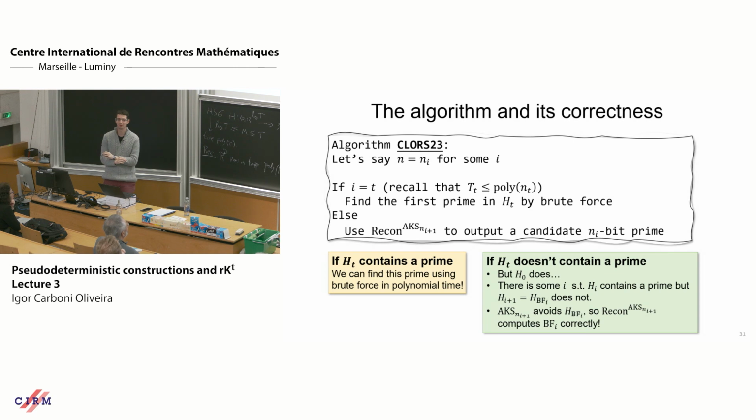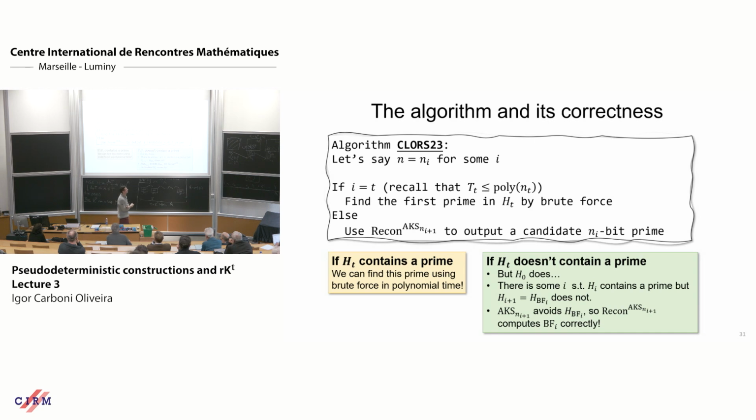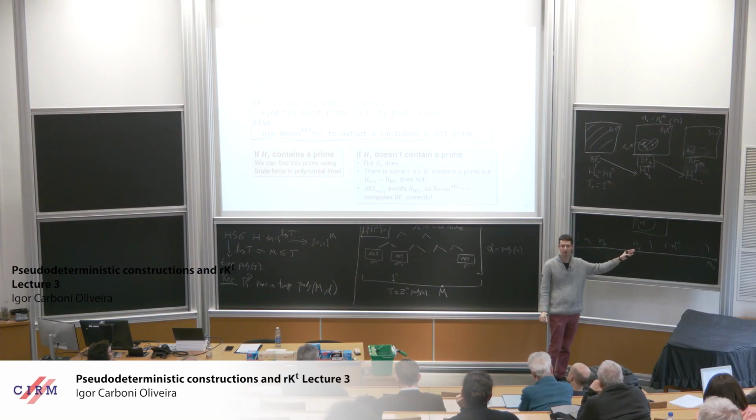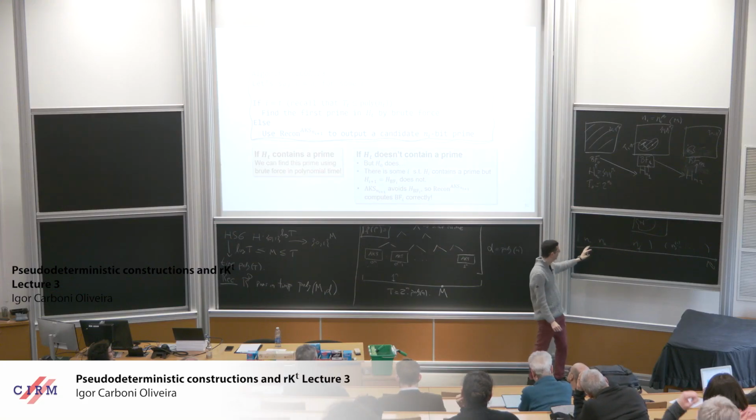More questions about the algorithm and its proof of correctness? Okay, and just to be clear, you want this algorithm to succeed infinitely often, on infinitely many input lengths. So what you do is you partition the integers into blocks.